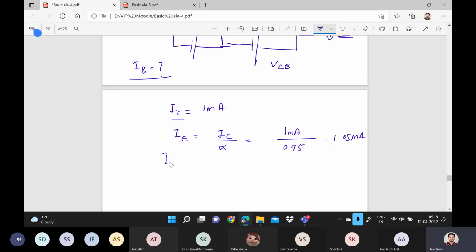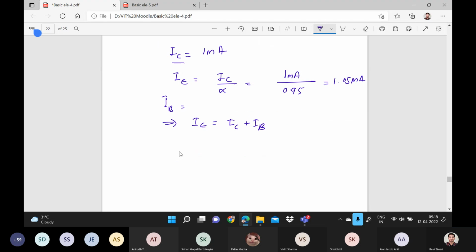And we have to find the value of IB. As you know, the formula is IE is equal to IC plus IB. So from here, you can find IB. The value of IB will be 0.05 milliamps. Okay, so this is one type of question.